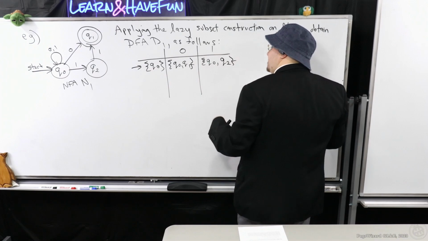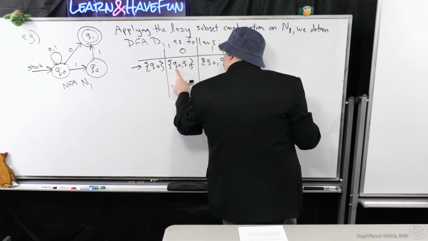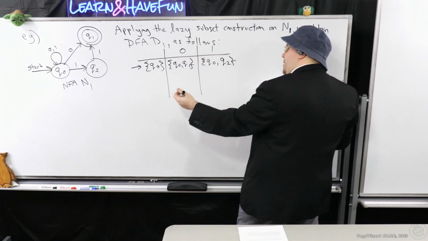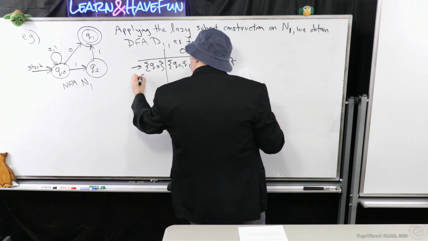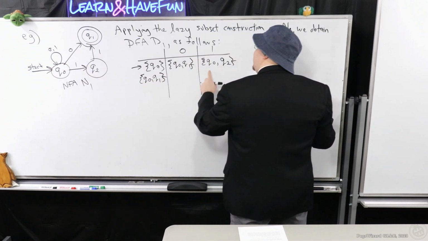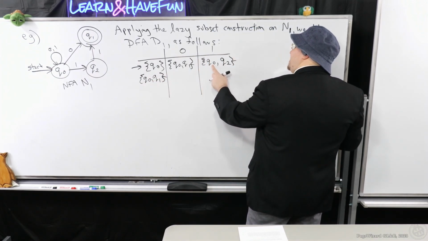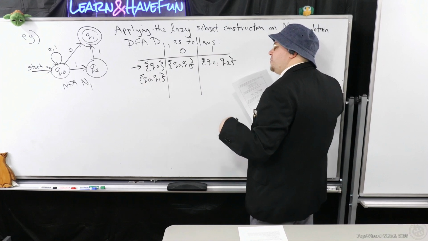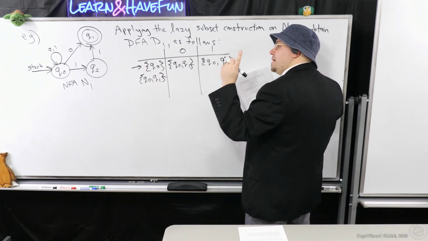So notice that I discovered Q0, Q1 first. So I'm just going to write a row for that because that's what I'm supposed to do. Q0, Q1.